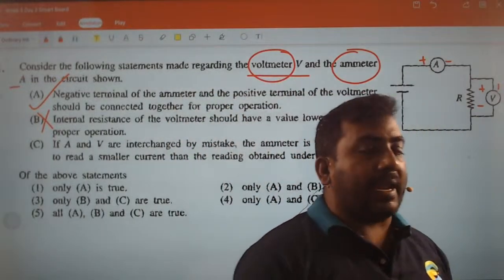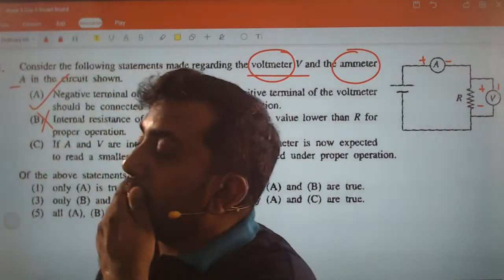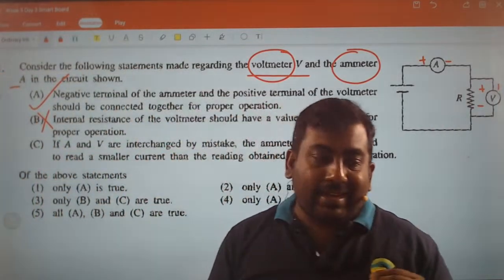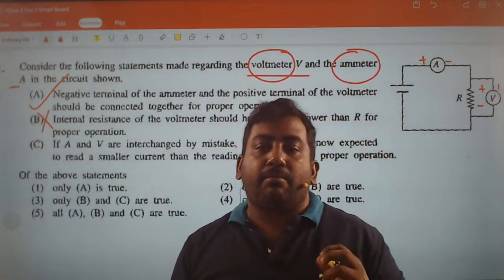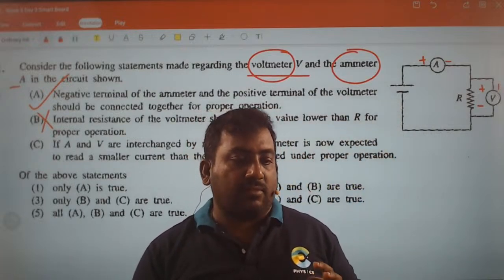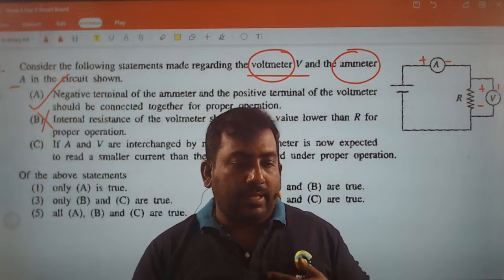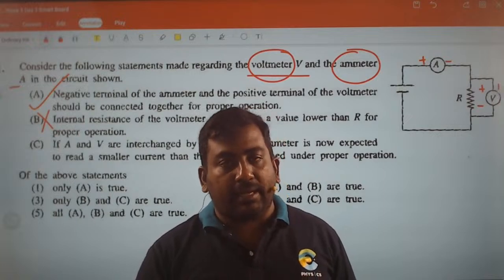For proper operation, the resistance across the voltmeter must be infinite.